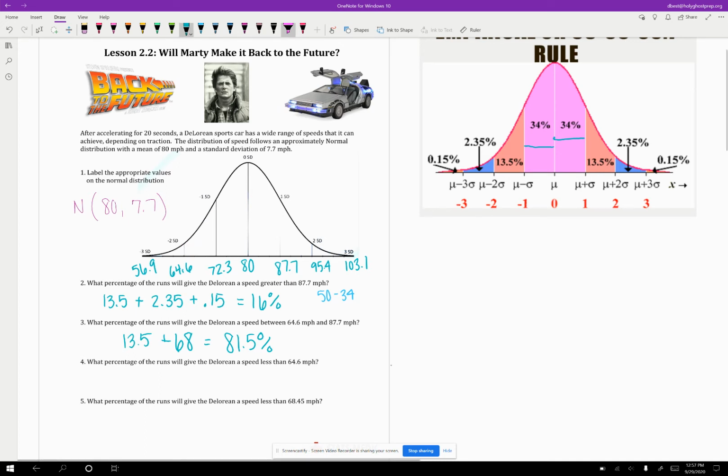For everything less than 64.6, so everything less than 2 standard deviations, which is just the little tiny tail of 0.15 and the small section between -2 and -3, for a total of 2.5%. So hopefully those went okay.